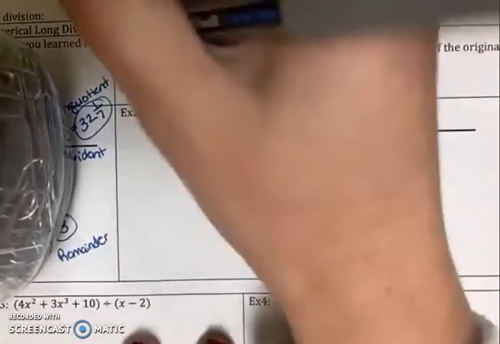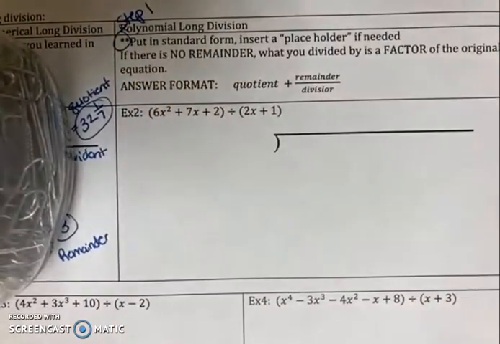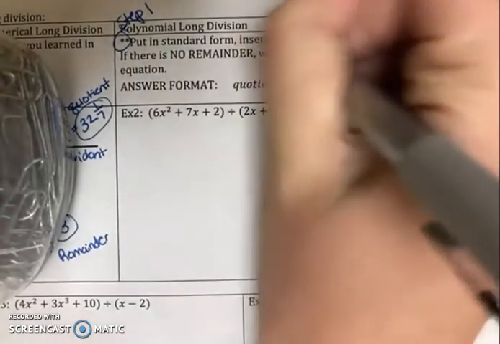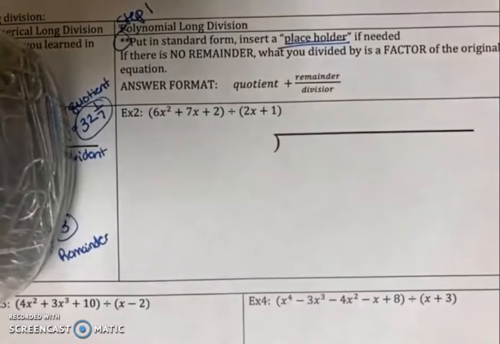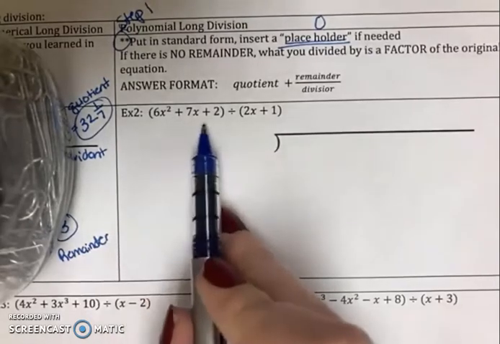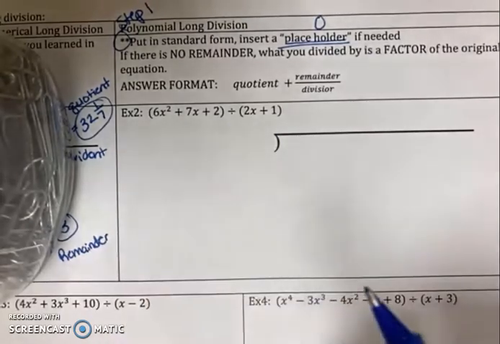The first step is always to make sure that everything's written in standard form, and sometimes you might need to put a placeholder, which is a 0. You'll see that in some of the examples that we go through today. Example 2, we have 6x squared plus 7x plus 2 divided by 2x plus 1.